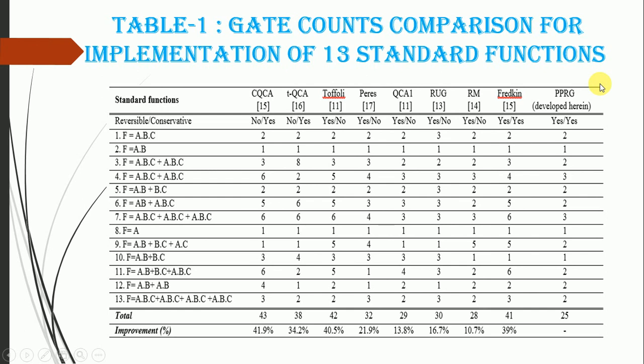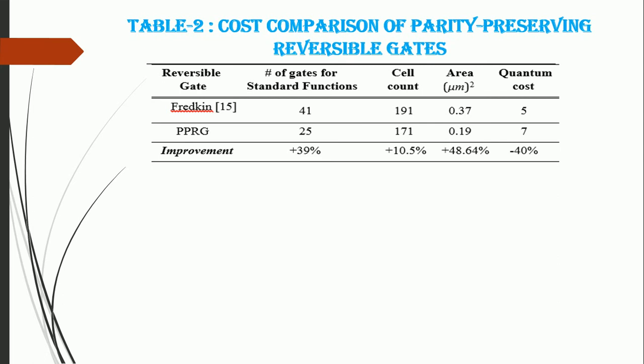As you can see from the last column, PPRG has got the least quantum count, that is 25 here, as shown here. And that is one of the improvements we can see here.